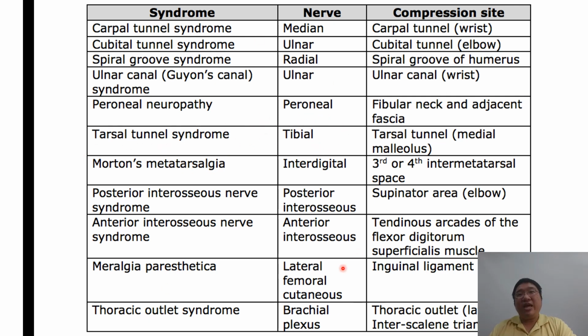I know that you have learned about these anatomic locations already, so just correlate your anatomy knowledge to the clinical presentation of diseases. One syndrome that I think you can recall is Saturday night syndrome. Right? Okay.